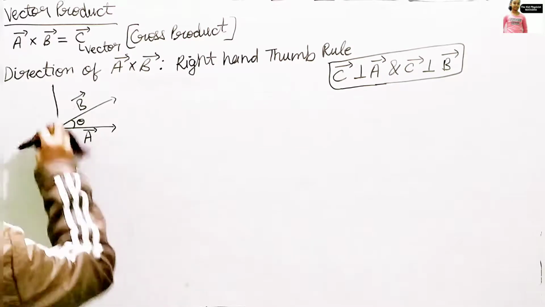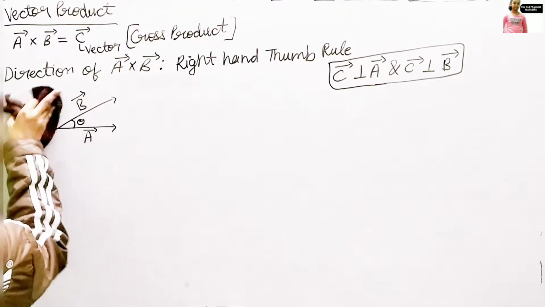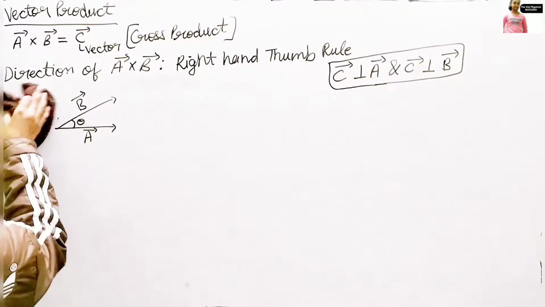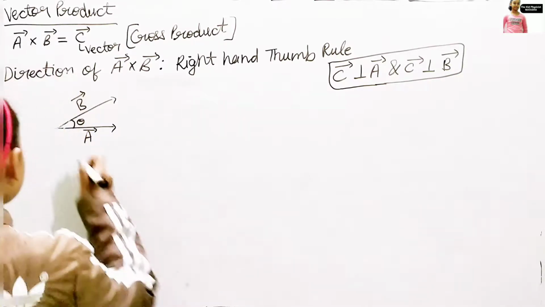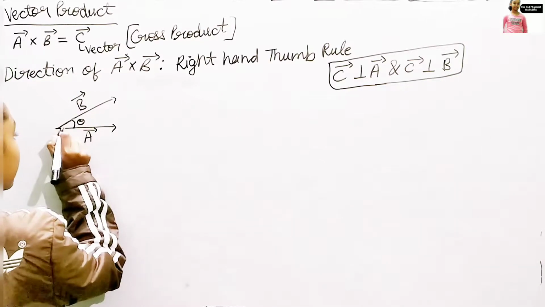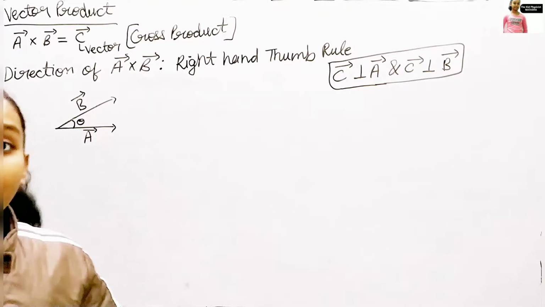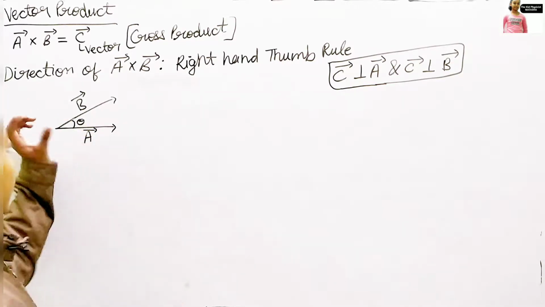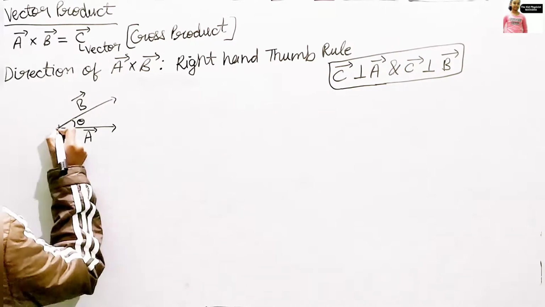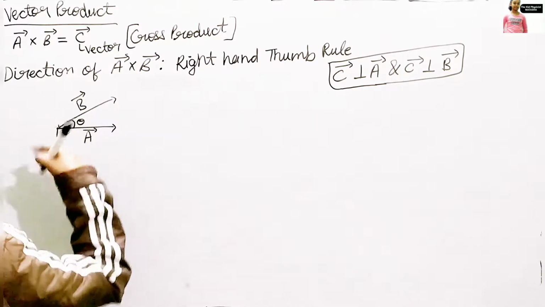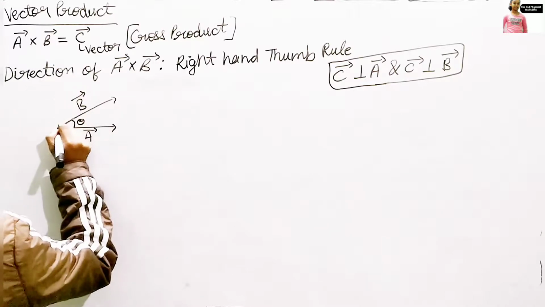Wait, let me draw it perfectly. Our theta is here, and remember that theta is the smaller of the two angles between vector A and vector B in the cross product. Vector C can be here, and it can also be upwards.